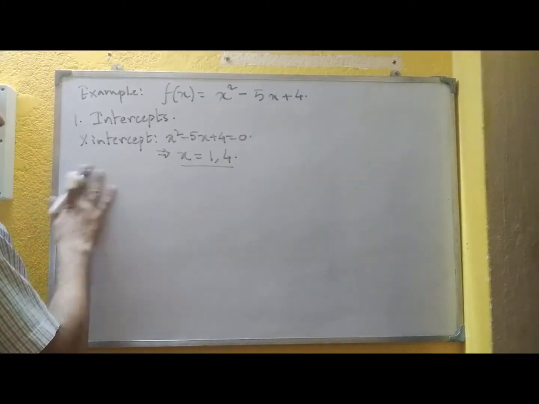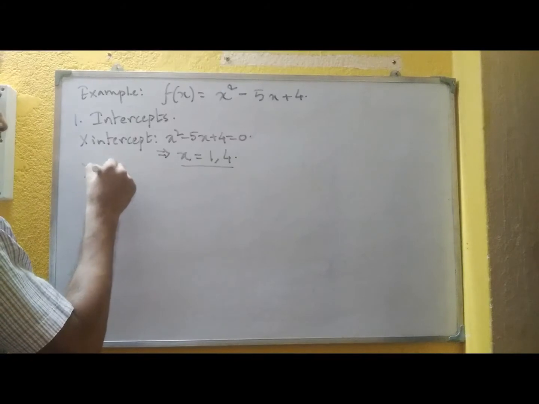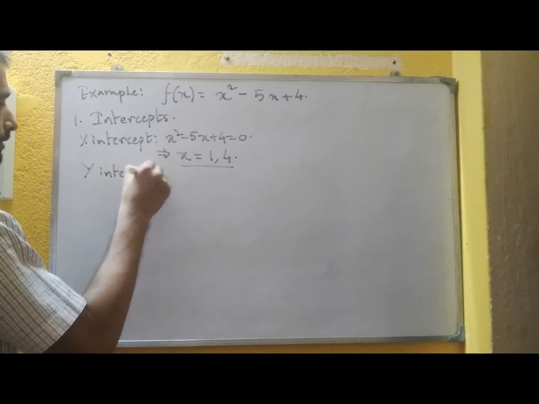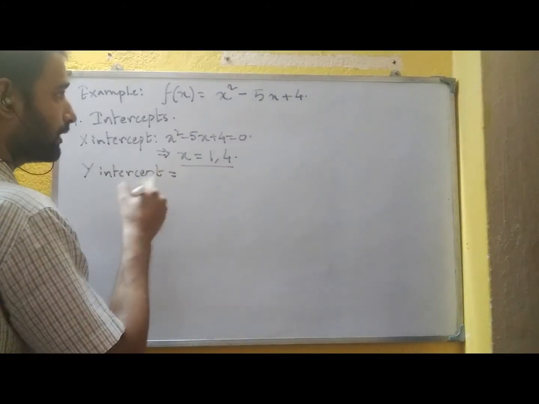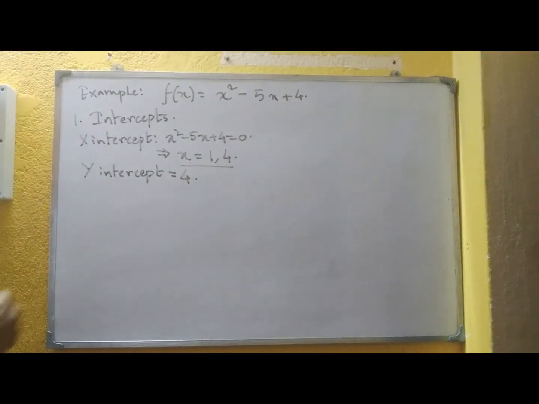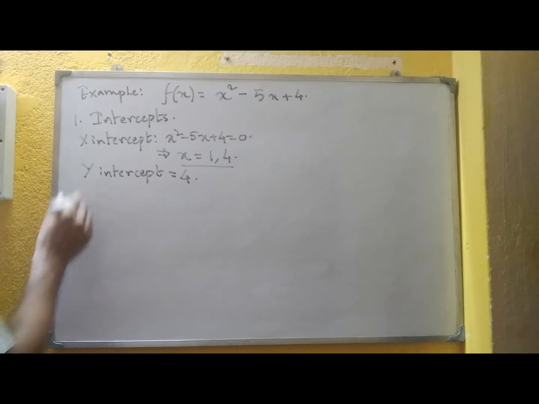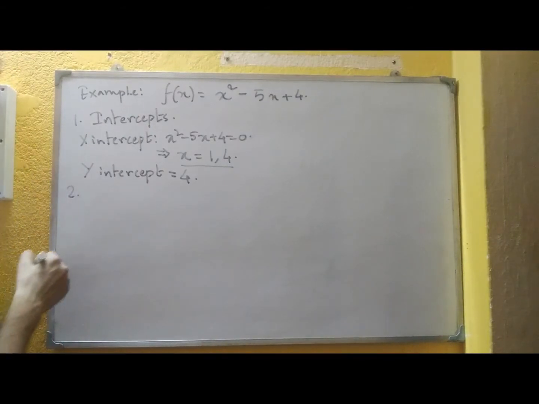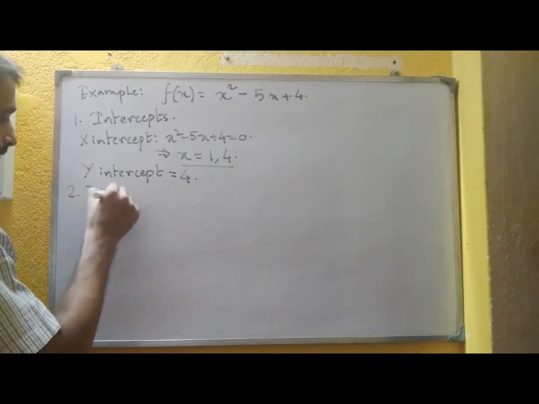Then we come to the y intercept. For the y intercept, we have seen that it is the constant term in the expression. So here it will be 4. So all the intercepts we have found. The second topic is the direction of opening.